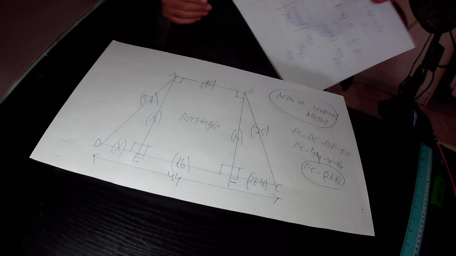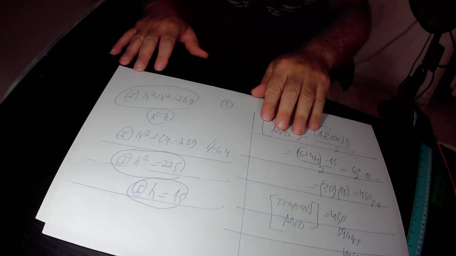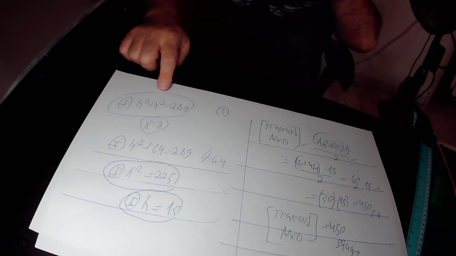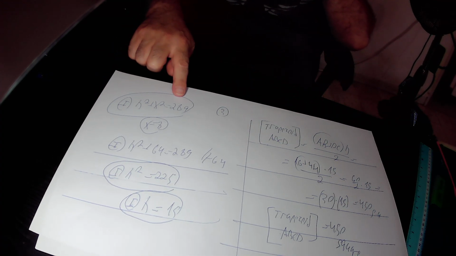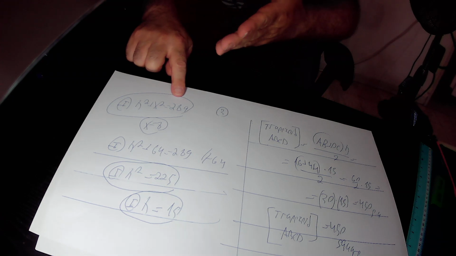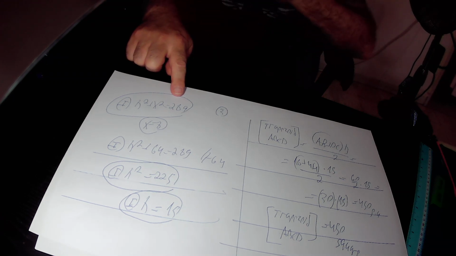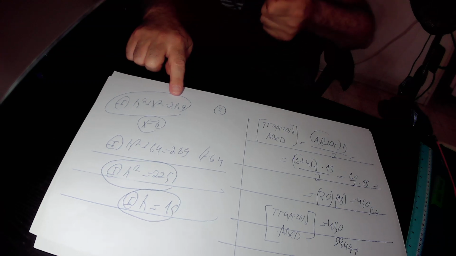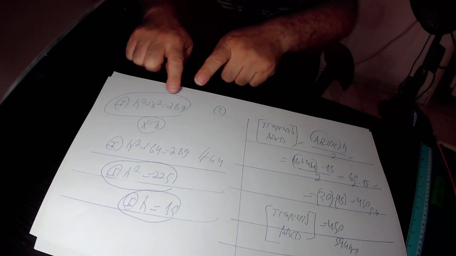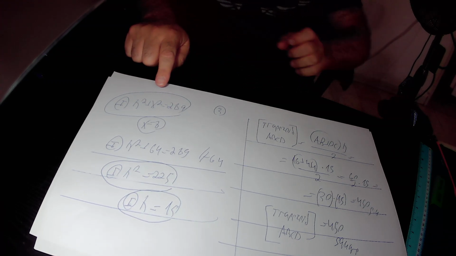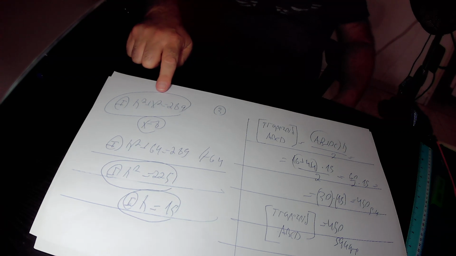Now, according to equation 1, we already found out that h squared plus x squared equals 289. We just right now found out that x equals 8. If x equals 8, it means that x squared must be equal to 8 squared, that is 64. Therefore, we can substitute x squared in this equation 1 by 64.